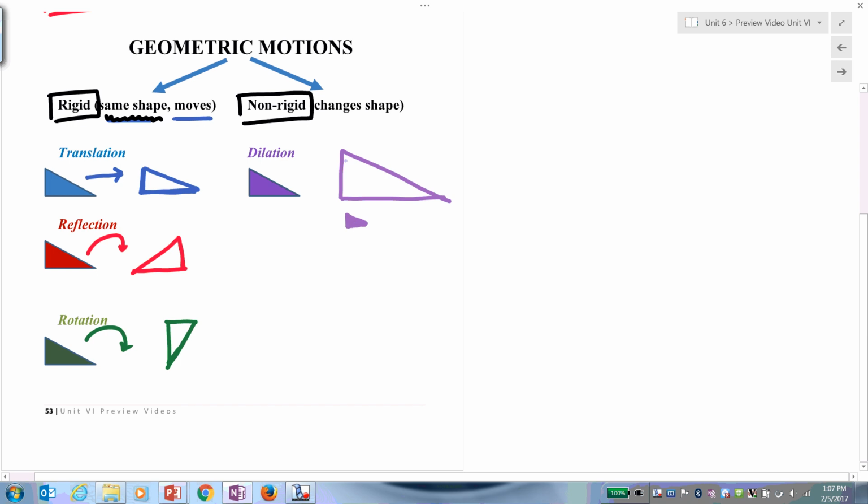Dilation is going to change the size, so it actually changes the shape, either to larger or shrinks it down to a smaller. That's called a non-rigid motion. That's why dilation is in its own category.